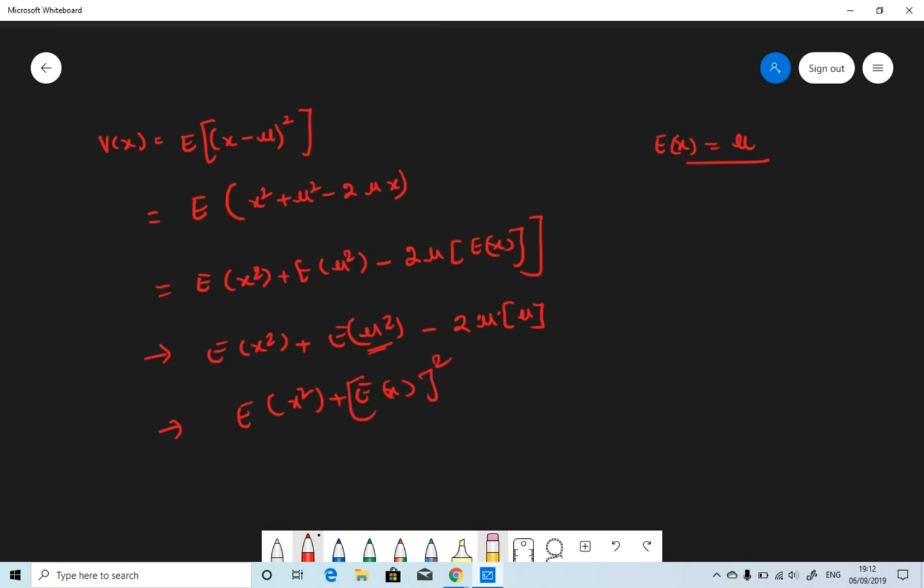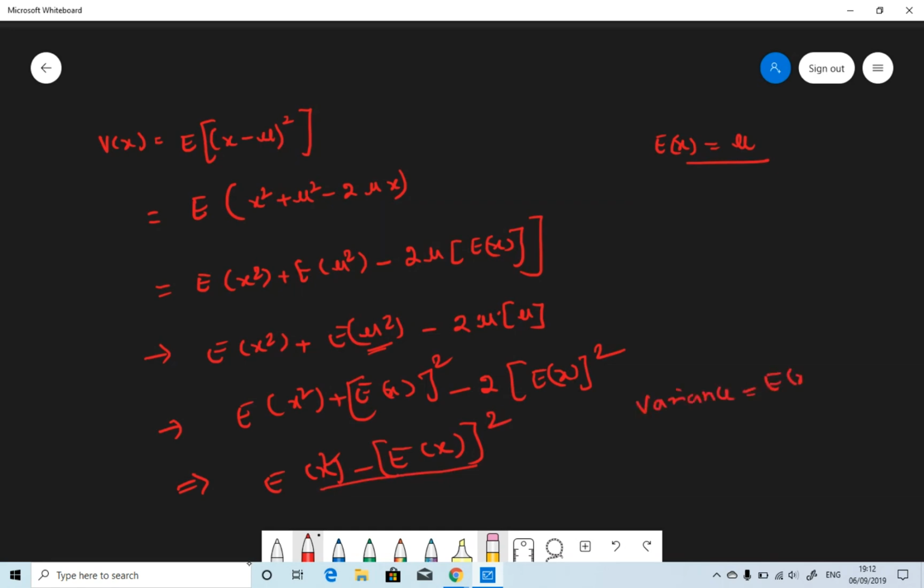So I'm writing this into this minus this as this. If you simplify it, you get e of x square minus e of x whole square. This is the variance formula.